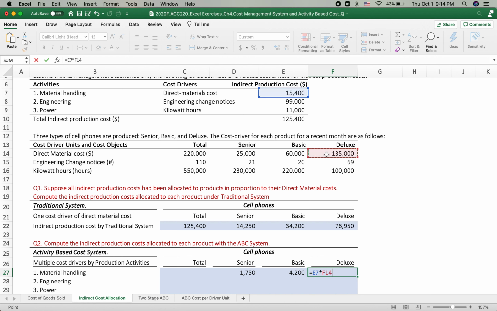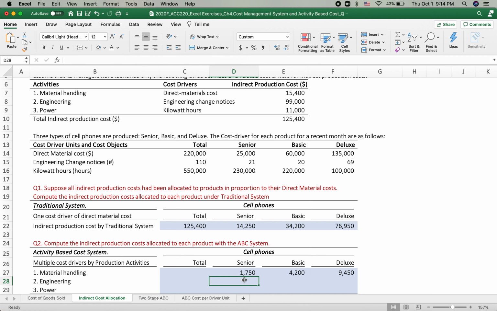Now the proportion of deluxe based on the direct material cost driver portion out of total. So we allocate this 15,400 with material handling activities, and the cost driver was the direct material cost.